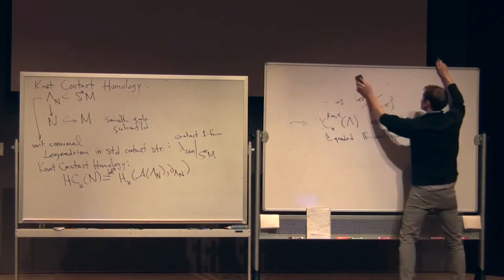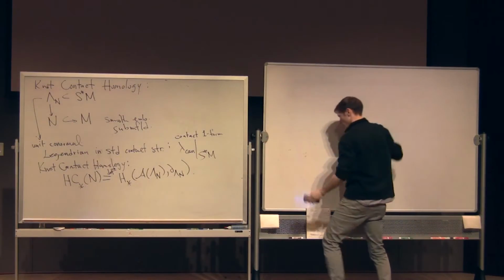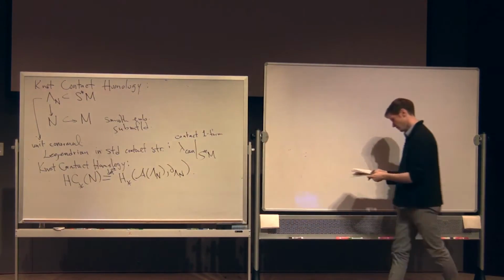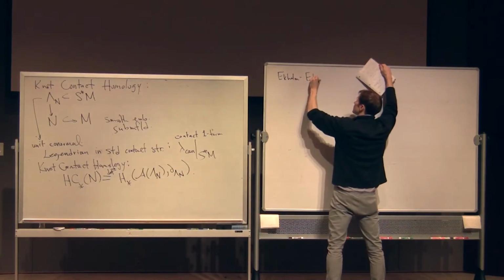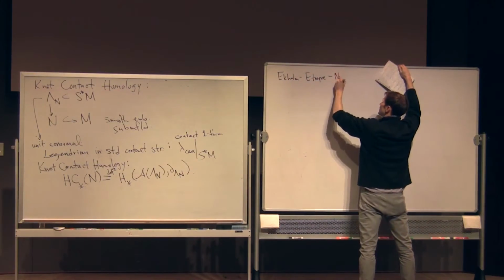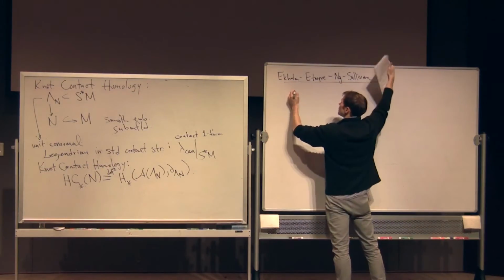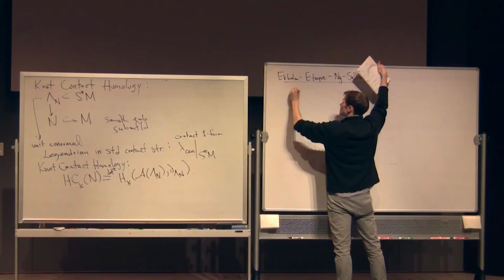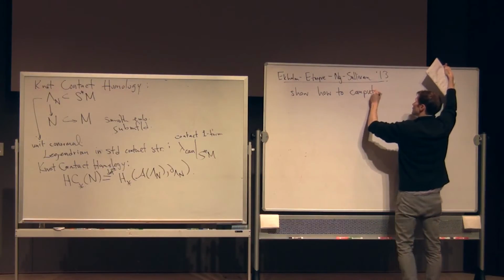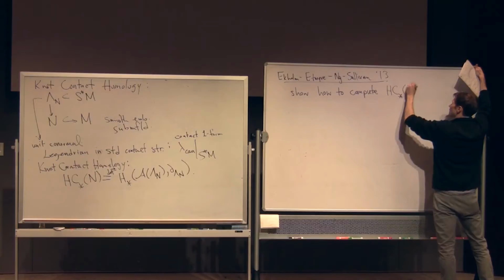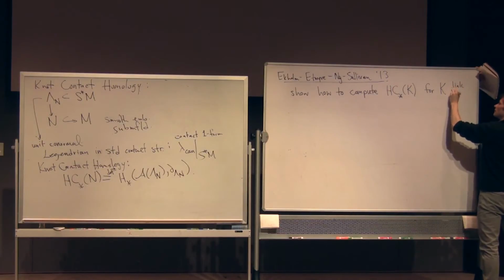This is a pretty complicated piece of machinery, but there's this really great theorem by Ekholm, Etnyre, Lenny Ng, and Michael Sullivan, where basically they show how to compute the knot contact homology for a link in R3.